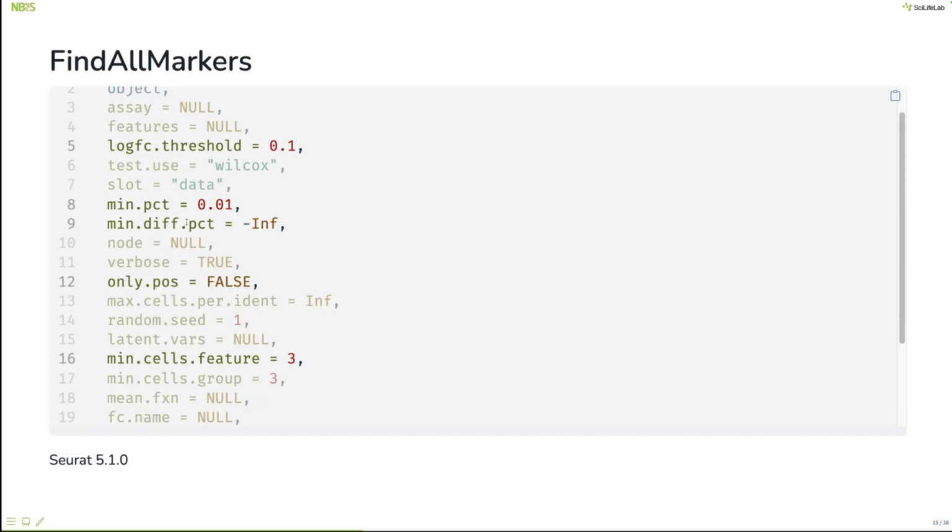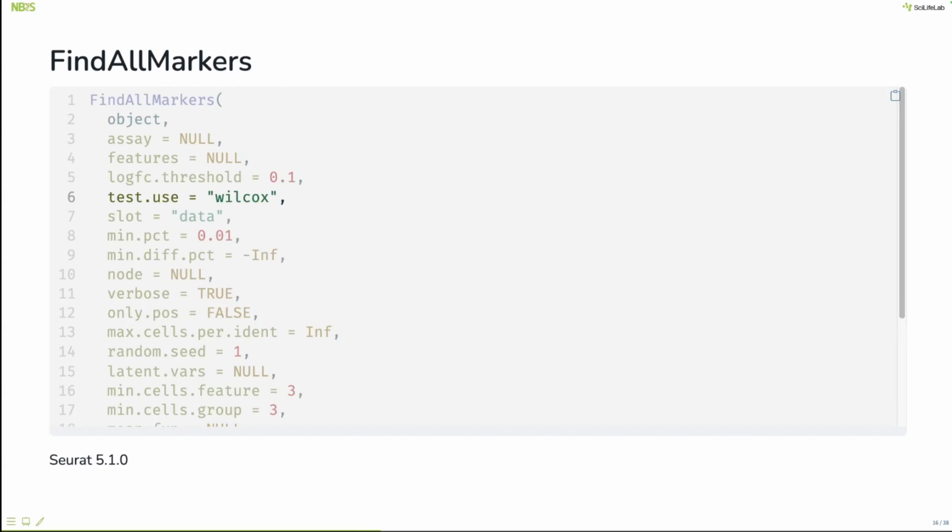That will just reduce the number of tests you're performing, so that instead of 10,000 genes, you've excluded 9,000 of those. So it would be computationally faster. And then possibly the most important one is the test use parameter.